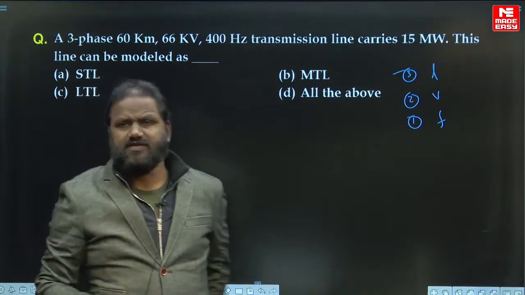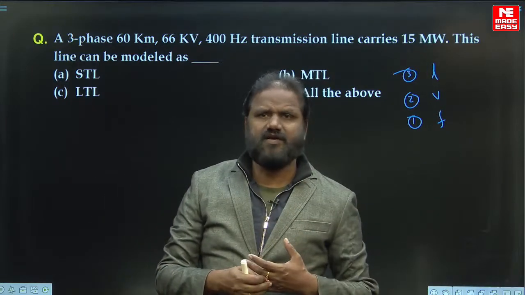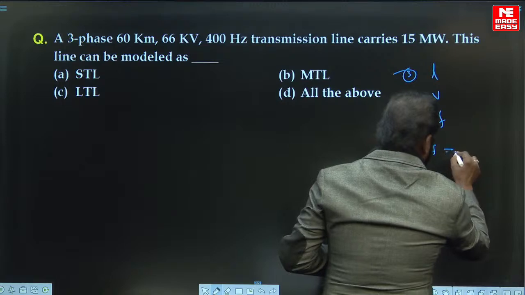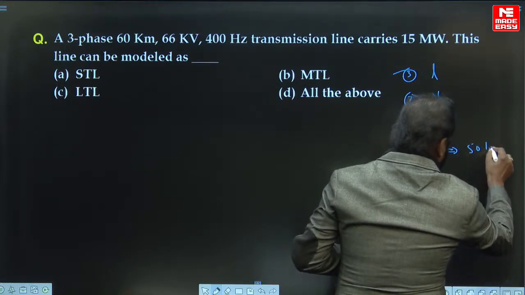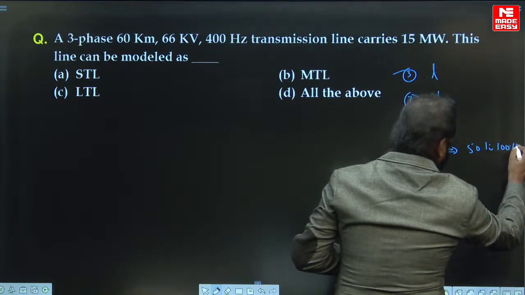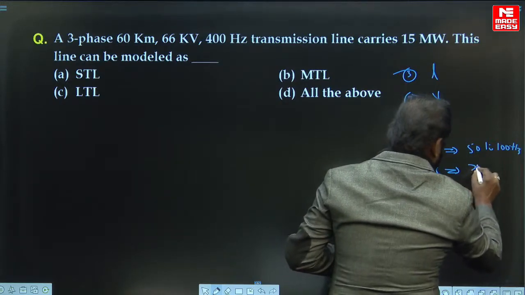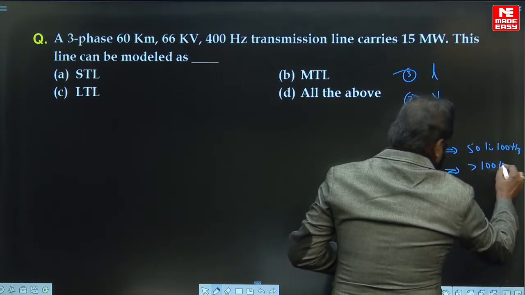There are 2 types of transmission: power frequency transmission and carrier frequency transmission. Power frequency is in the range of 50 to 100 Hz. Carrier frequency is greater than 100 Hz.